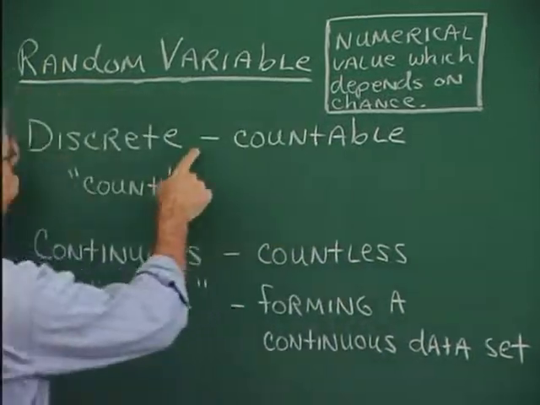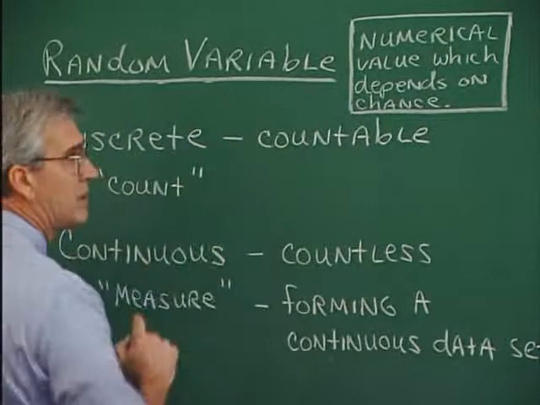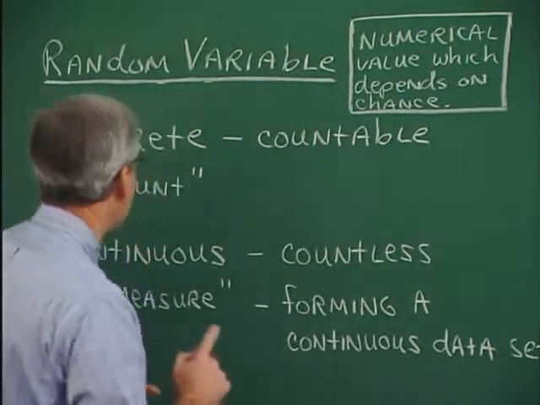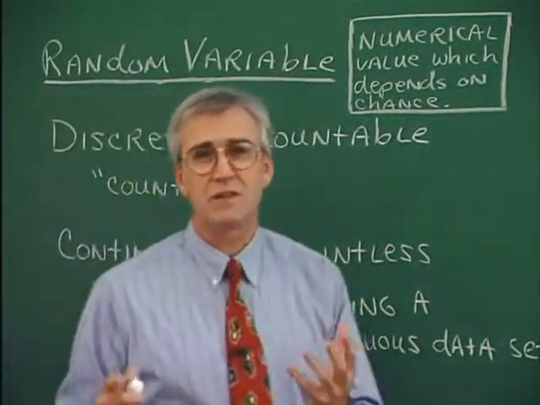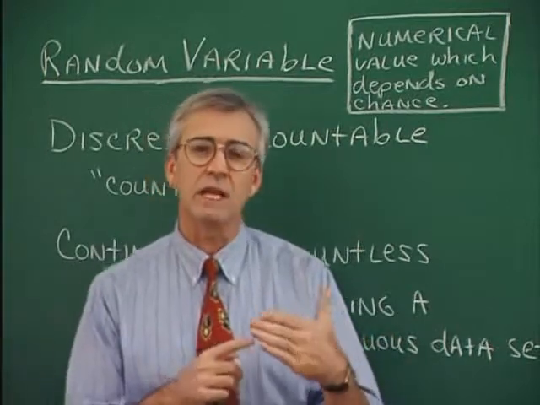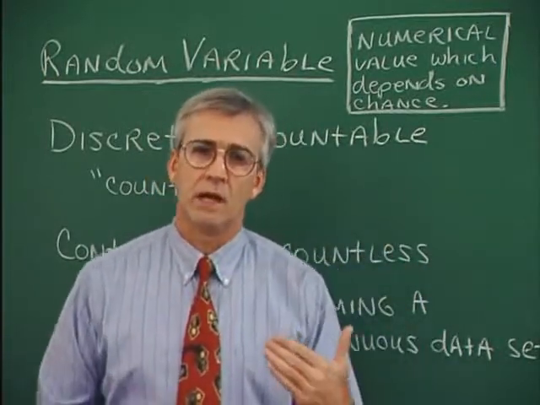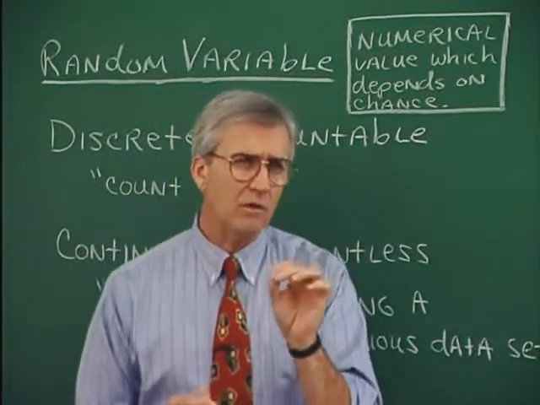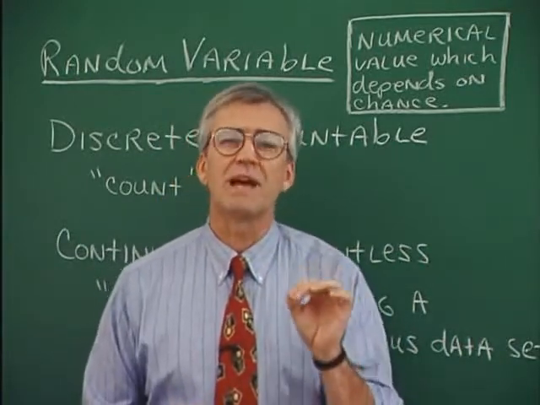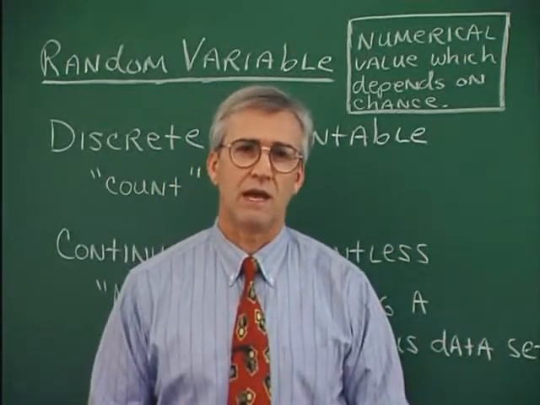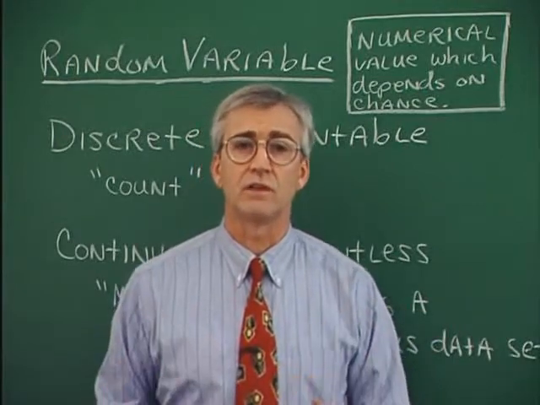All right, discrete random variables simply means that they can keep a secret. Just kidding. No, discrete doesn't mean that they can keep a secret. It means that there are a countable number of them. Now, countable means something very special to mathematicians. Countable has a very particular definition.